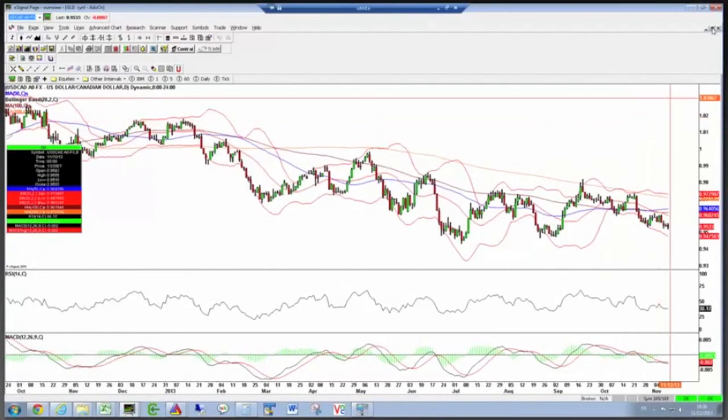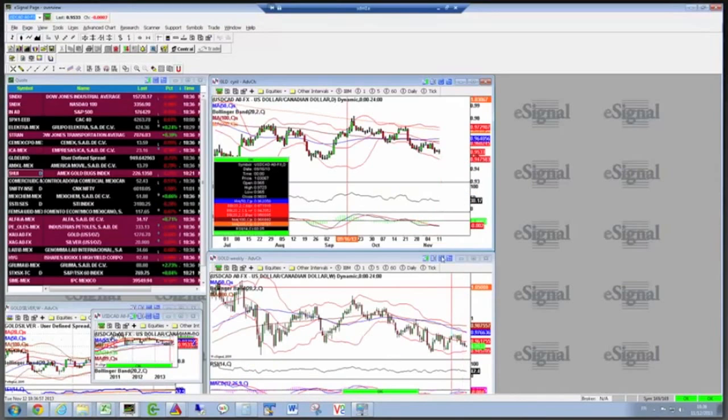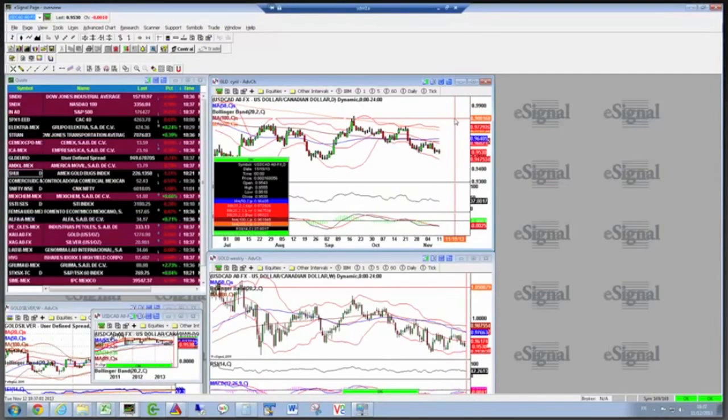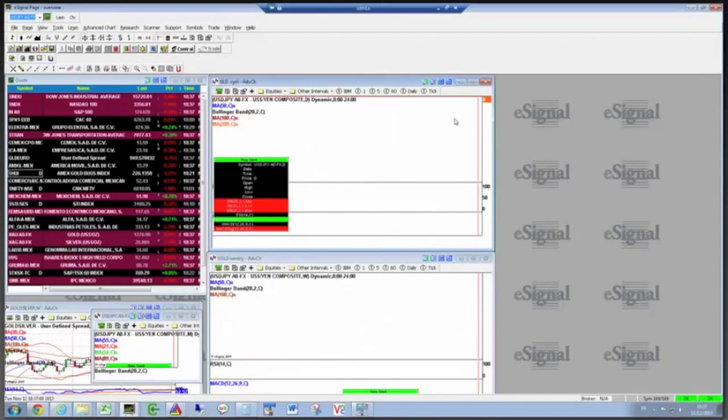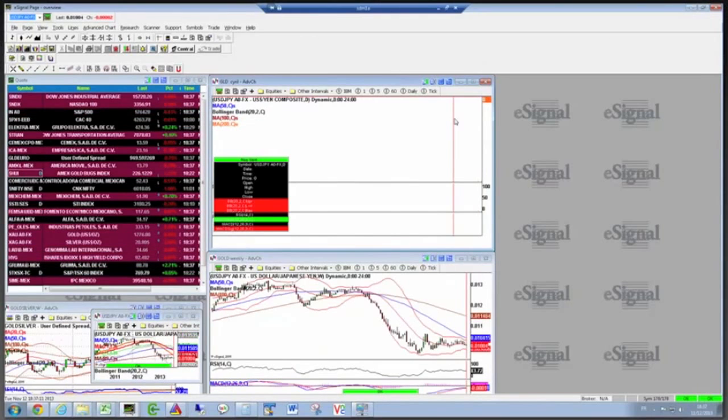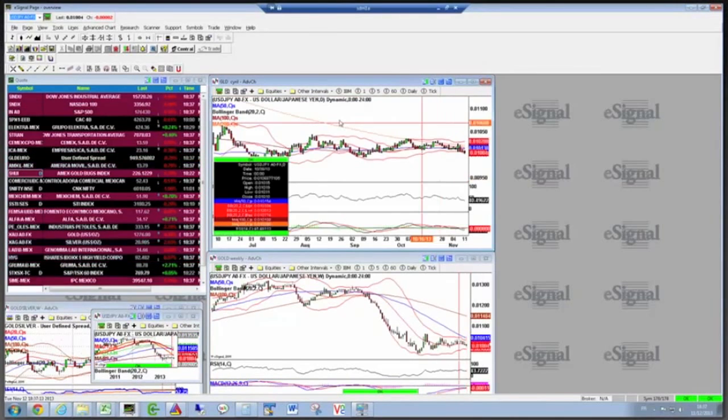Yes, maybe it's not the best one. So another one on US dollar against Japanese yen. It's a better configuration.